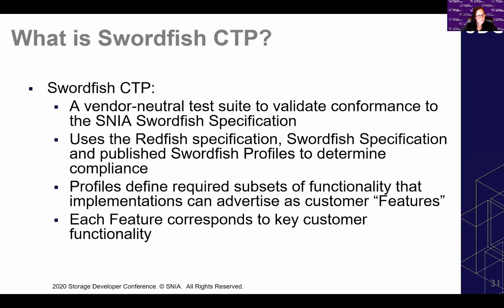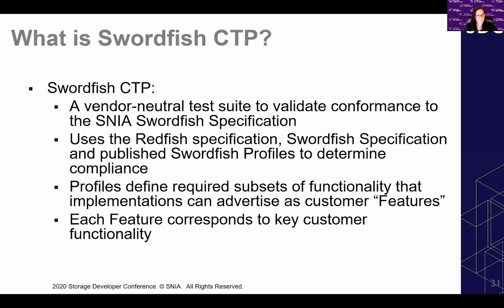Okay, next one, we talked about Swordfish CTP rolling out this year. What is that? The Swordfish Conformance Test Program is a vendor-neutral test suite to validate conformance to the SNIA Swordfish specification. So you can come in, run the tests.